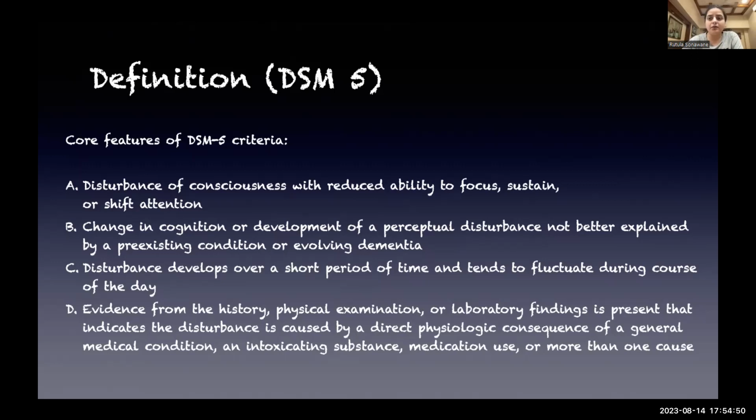So most of the time, the symptoms are worse in the evening. That is also called the sundowning effect. So they keep fluctuating throughout the day as well. And there is evidence from the history, the examination, and the laboratory findings that will indicate whether it is a direct physiologic consequence of a medical condition, maybe an intoxicating substance or medication use, or there might be multiple causes as well.